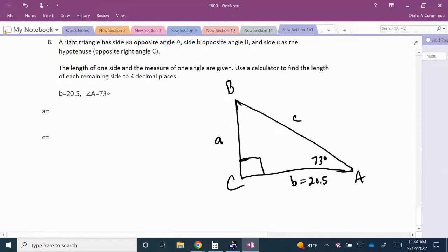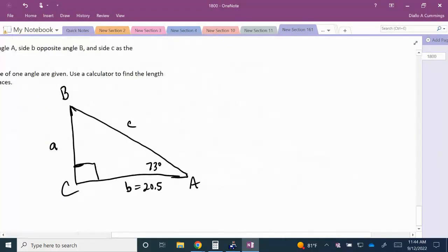So here again, we're going to have to set up a trig function. All right, so whenever you set up a trig function, you want to use SOHCAHTOA. Right, so this means that the sine is the opposite over the hypotenuse, the cosine is the adjacent over the hypotenuse, and the tangent is the opposite over the adjacent.